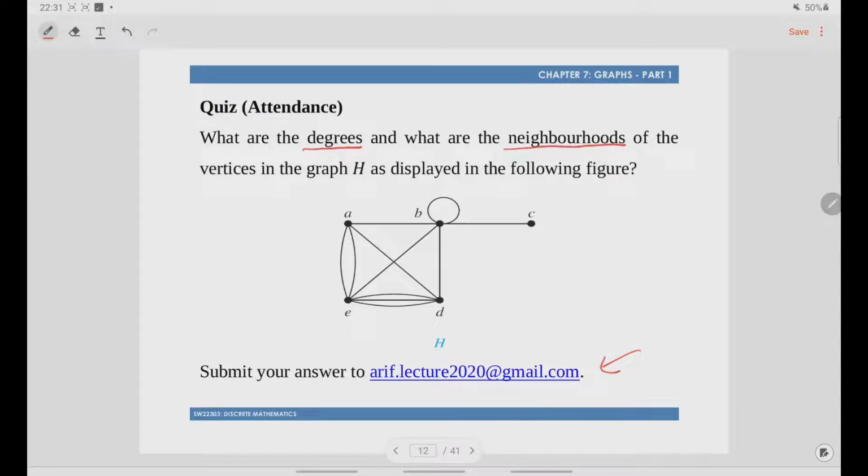So just like the previous question in the previous slide, the two tasks are degree and neighborhood. So how to answer this question? Let's discuss how to answer this question.